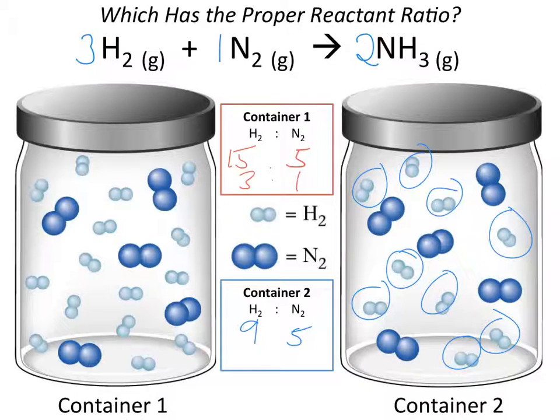Well, what's a common number between 9 and 5? Nothing. How about 9 and 4? Nothing. How about 9 and 3? Oh yeah, there we go, 9 and 3. So if I did 9 and 3, that would be distilled to 3 to 1 plus 2 extra nitrogen molecules. So we could have a ratio here, but it seems like we're going to have something left over.